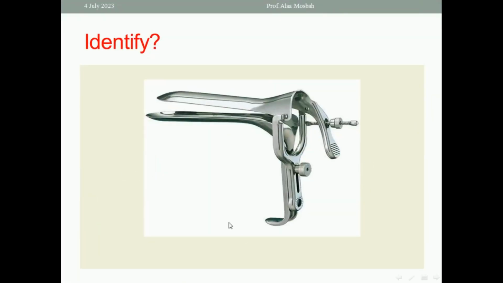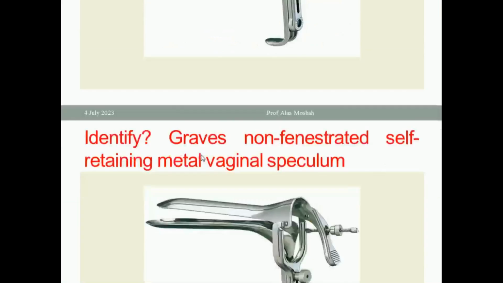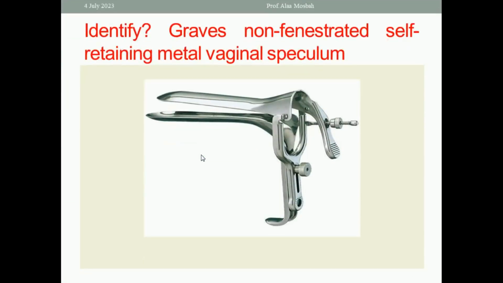Another one, this is different. It is also a bivalve metal self-retaining vaginal speculum, but there is some difference between this instrument and the previous one. This is called Graves, a non-fenestrated self-retaining metal vaginal speculum. Two blades, two screws, not one screw, and the handle.